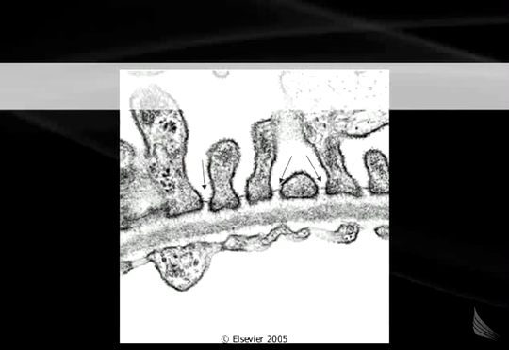Again, the filtrate passes from the capillary lumen through the fenestrated endothelium, past the basement membrane, and between these foot processes to enter then the urinary system. It then proceeds through the urinary system through a series of tubules in which certain things get reabsorbed, the urine gets concentrated, it ends up in collecting tubules, collecting ducts, and goes then to become urine.